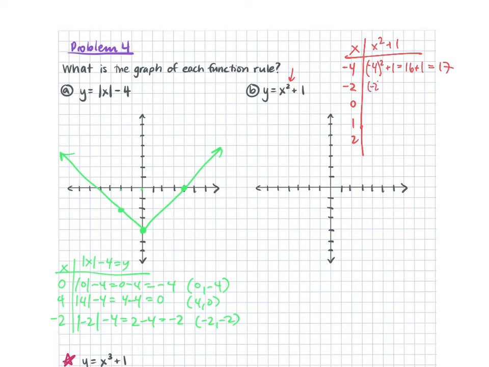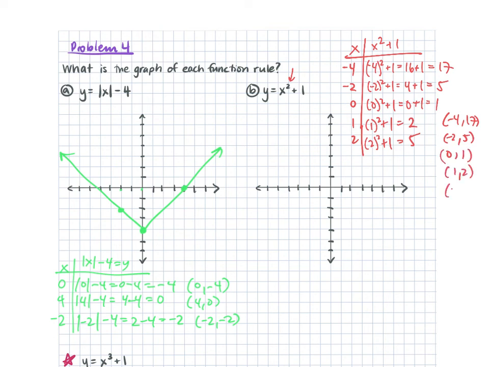And then -2 squared is 4 plus 1 is 5. 0 squared is 0 plus 1 is 1. 1 squared plus 1 is 1 plus 1 is 2. 2 squared is 4 plus 1 is 5. So we have -4, 17. -2, 5, 0, 1, 1, 2, 2, 5.